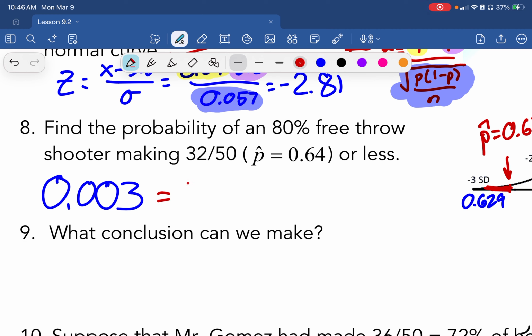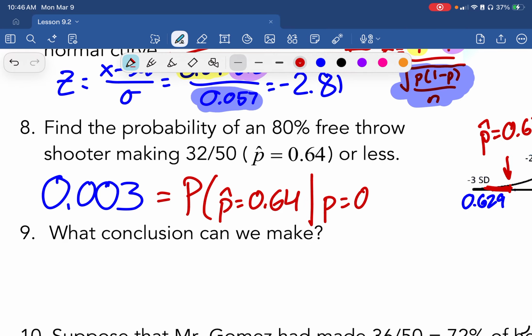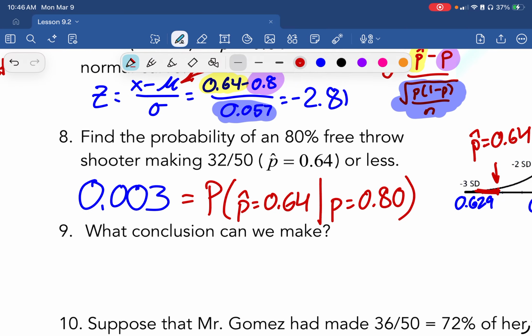What I want to note though, this is just a conditional probability of p hat equaling 0.64, given that they're an 80% free throw shooter. So conditional probability way back in unit 5 in December. So hey, the maths, and it all relates to each other. Now, what conclusion can we make from this?